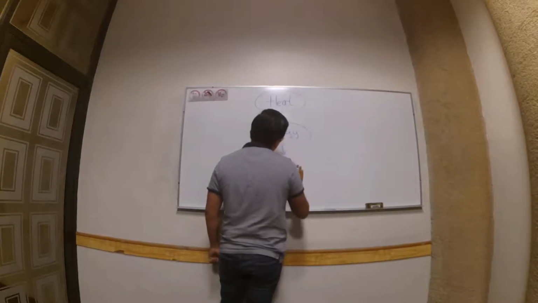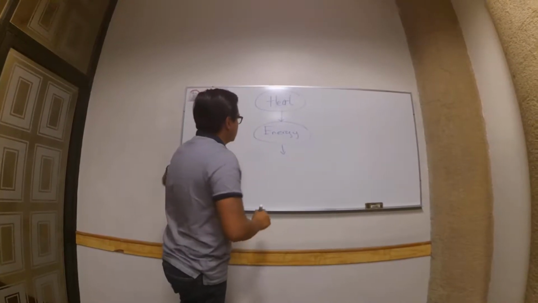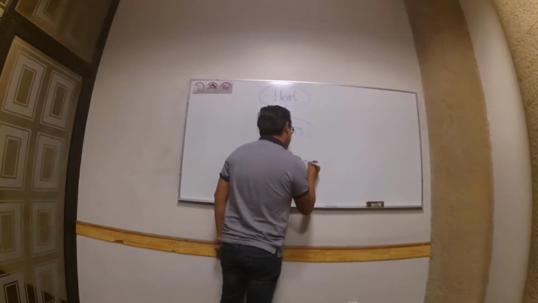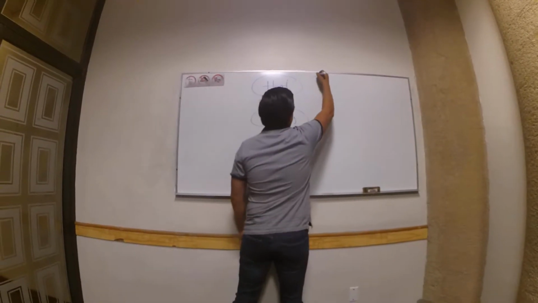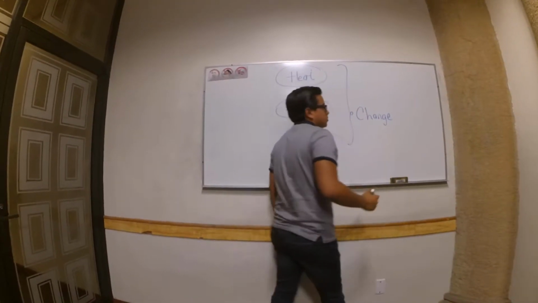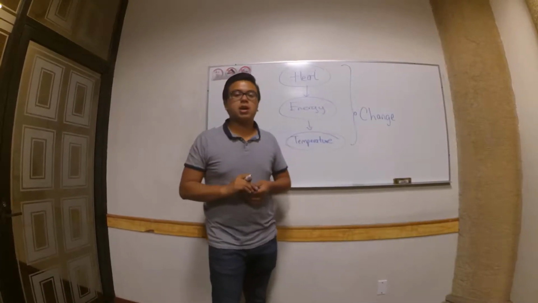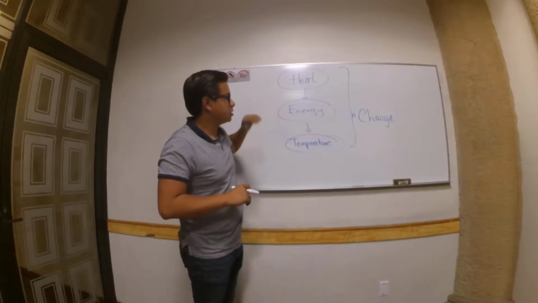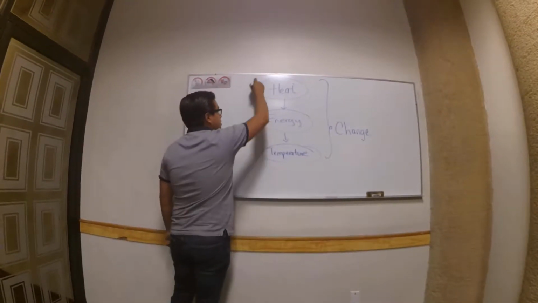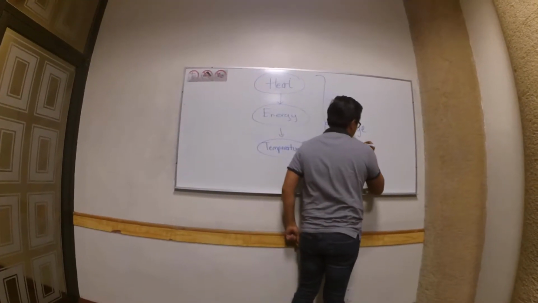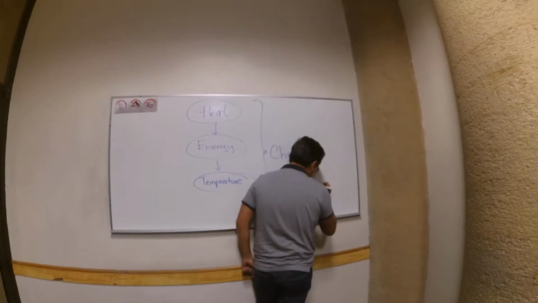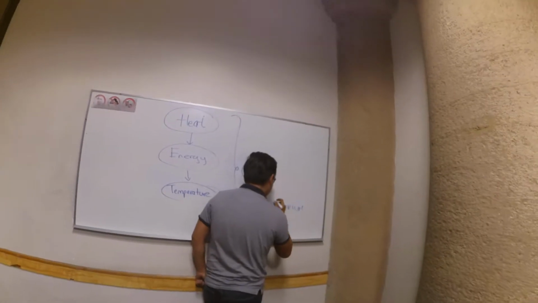Then it was also temperature. All these are applied in a change, because we have two objects, two systems that are different in either heat, energy, or temperature, and there's going to be a flow of energy between both. And this is all summarized in order to reach equilibrium.